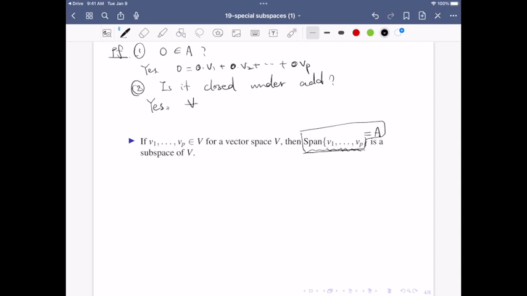For any 2 vectors v and w in A, we can write v as a1 v1 plus a2 v2 up to ap vp, and w is also from A, so it can be written as a linear combination, but probably with different coefficients b1, ..., bp.